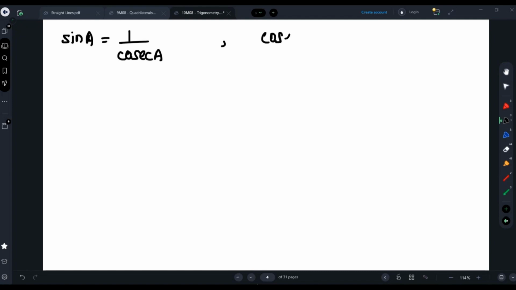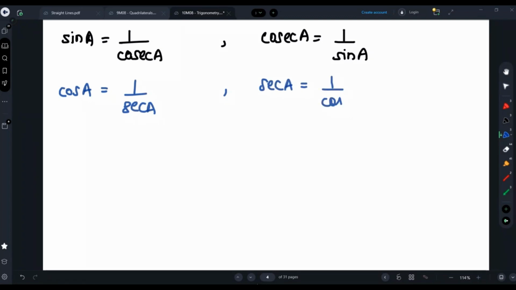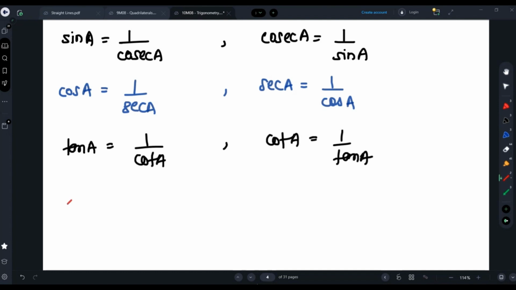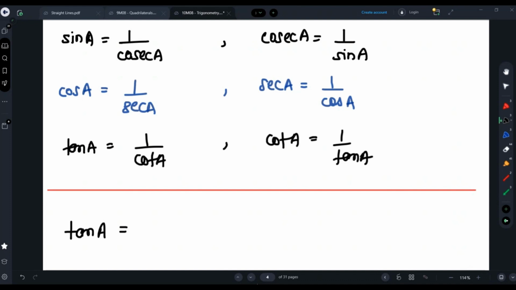Cosec A is the reciprocal of sine A. The same goes for cos A, which is the opposite of sec A, and sec A is the reciprocal of cos A. Finally, tan A is the reciprocal of cot A, and cot A is the reciprocal of tan A. One additional part: tan A can also be written as sine A over cos A, and cot A can also be written as cos A over sine A.